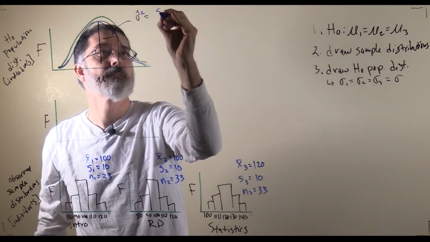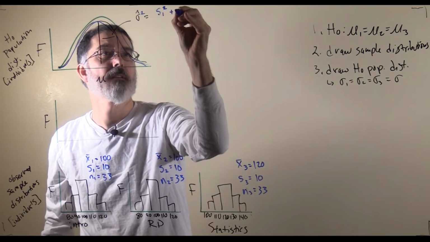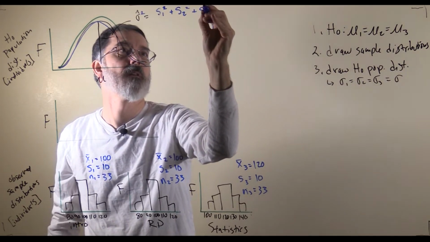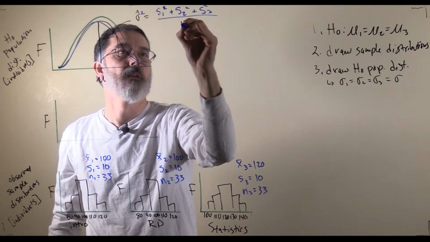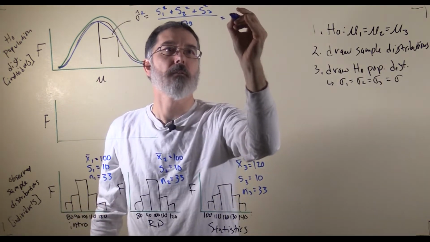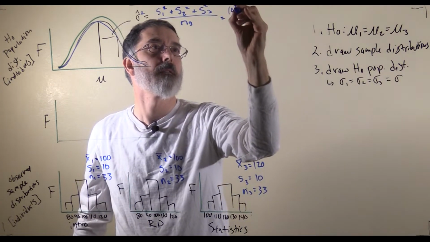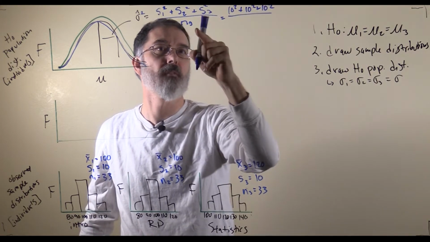So we're going to take our first group's standard deviation and square it to make its variance. Do the same with our second group, and do the same with our third group. And then we're just going to take the average of those. I'll say this is the number of groups. So we have 10, 10, and 10. 10 squared plus 10 squared plus 10 squared divided by the number of groups.